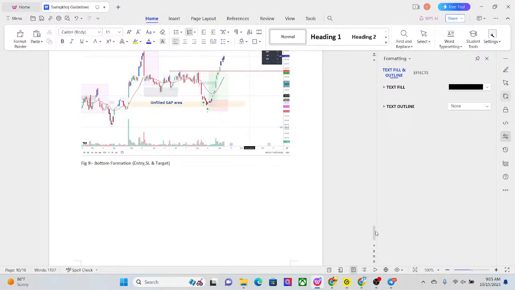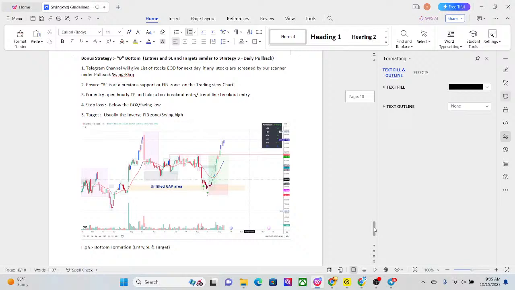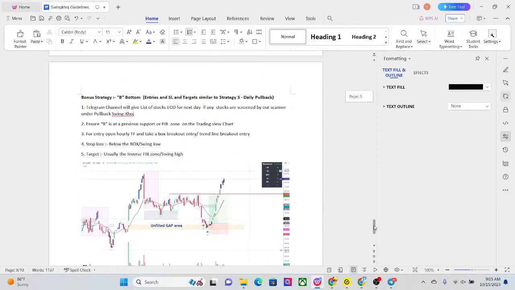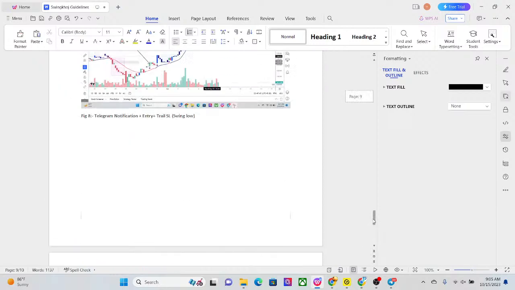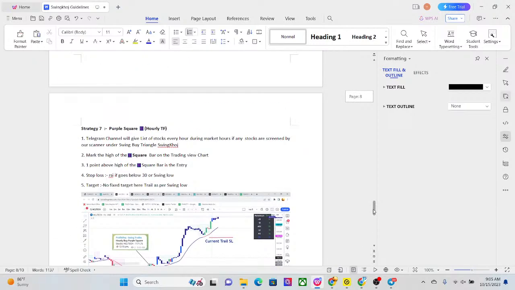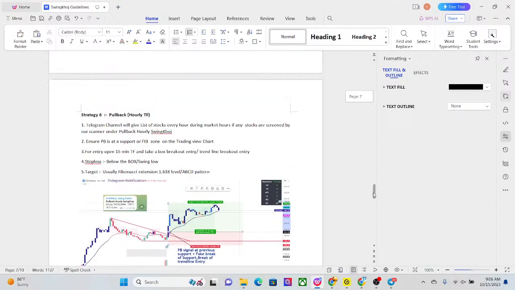For me, I like to trade breakouts and pullbacks more. So usually I stick with the bottom, pullback daily, pullback hourly, hourly purple, and breakouts. So these are my favorite.